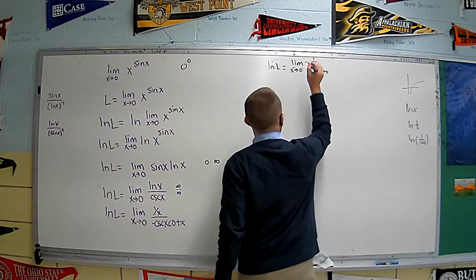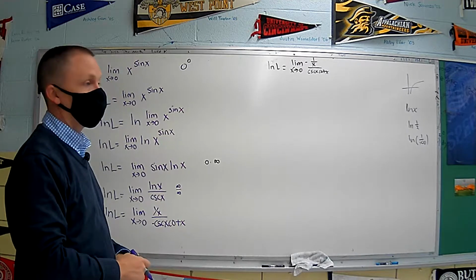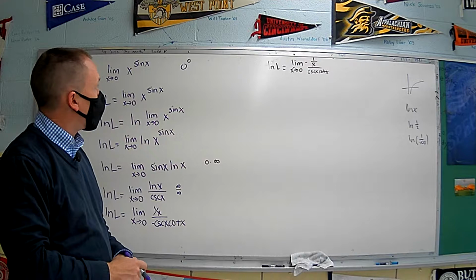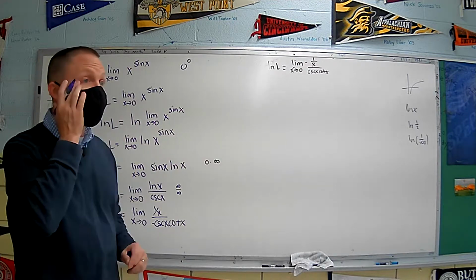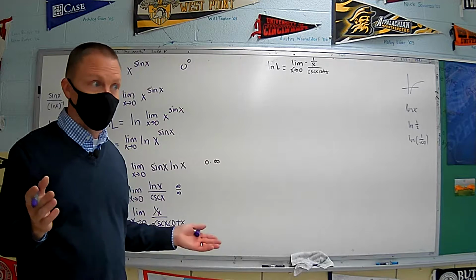So I'm just going to stick the negative there. Doesn't matter where we stick it, since we have all multiplication there. So let's see if we can clean this up, yeah? You want to try to clean this up?